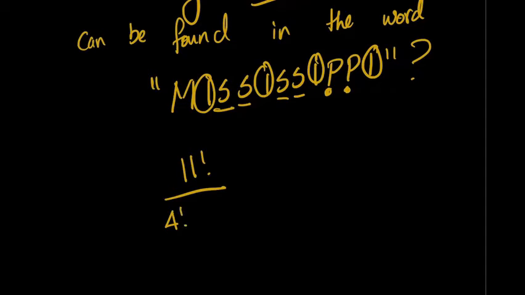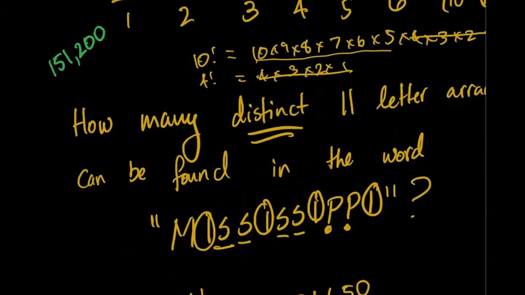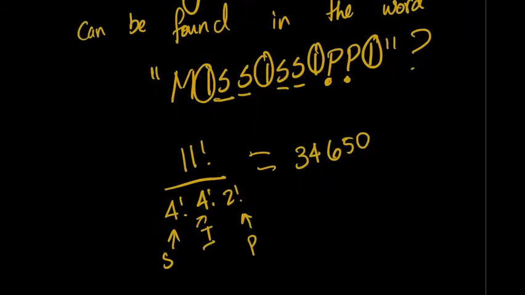And that's by dividing out the 4 factorial for the S, the 4 factorial for the I, and the 2 factorial for the P. And this leaves us with 34,650 total distinct 11 letter arrangements that can be formed from the word Mississippi.